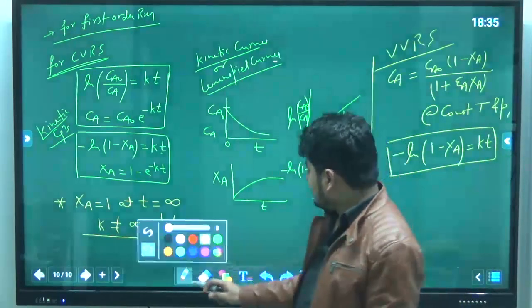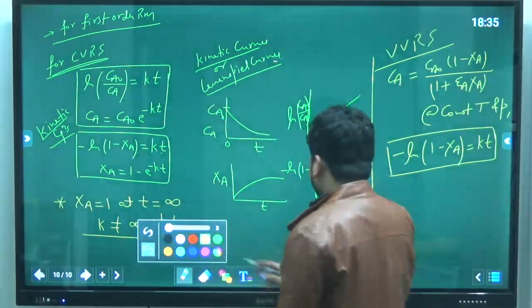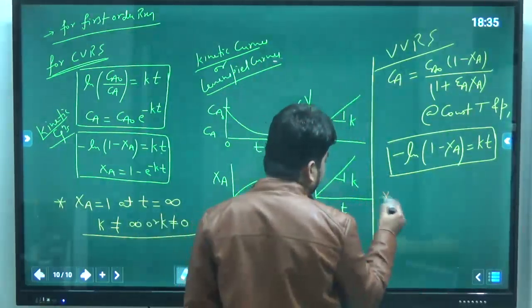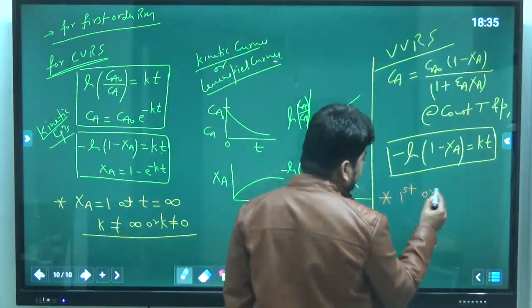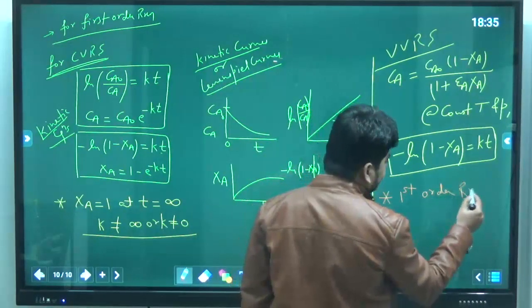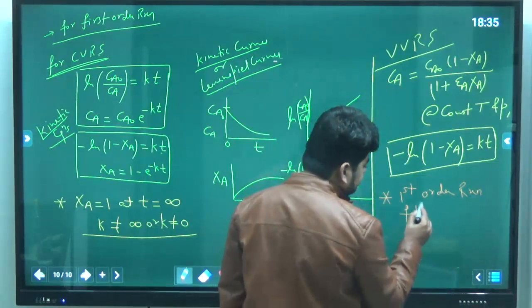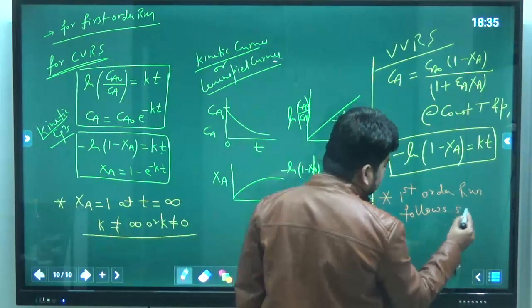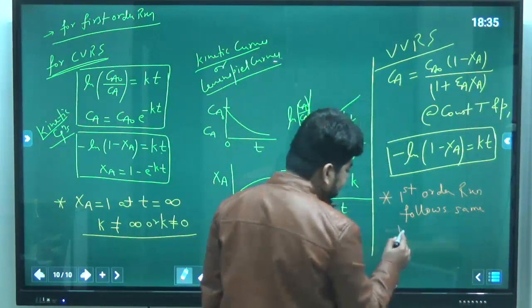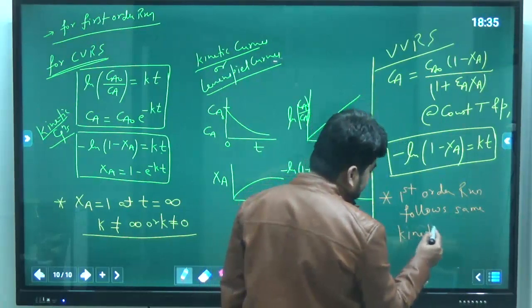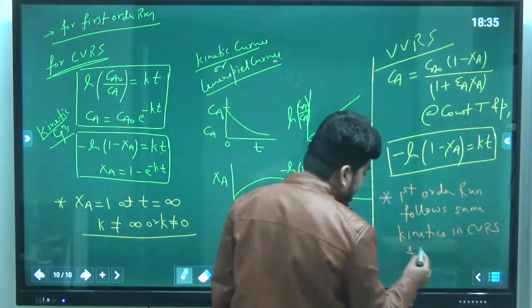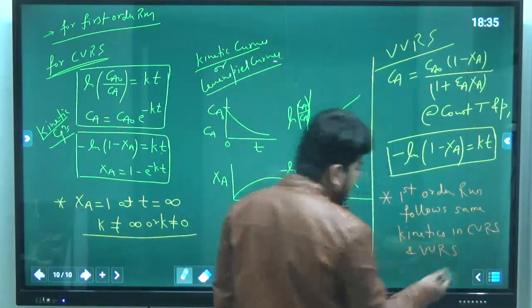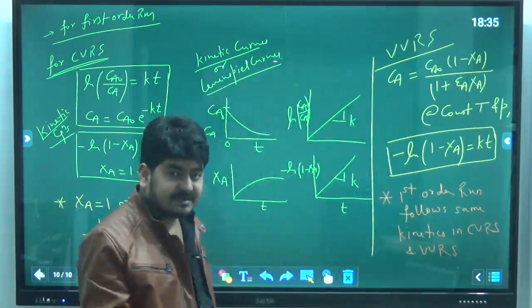So here the key point is first order reaction follows the same kinetics in CVRS and VVRS. As you can see, their kinetic equations are the same.